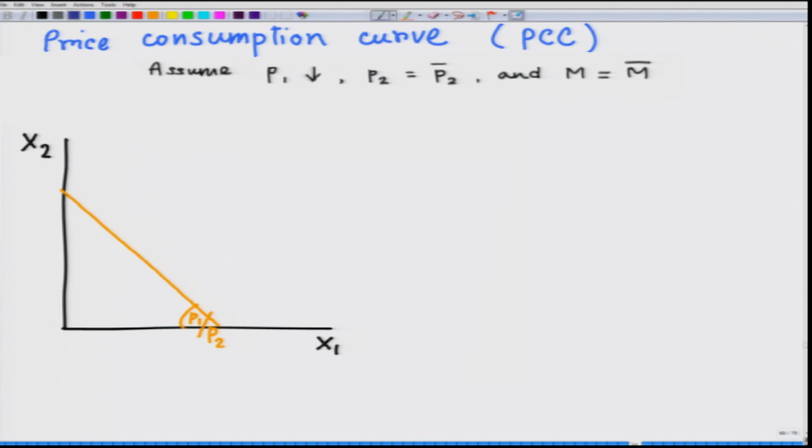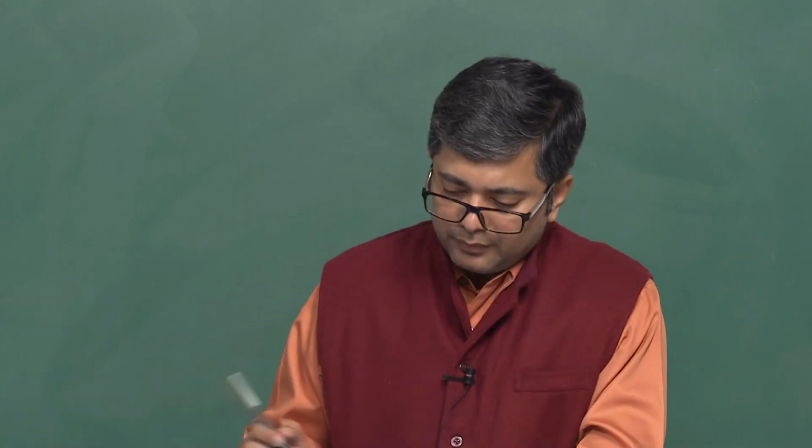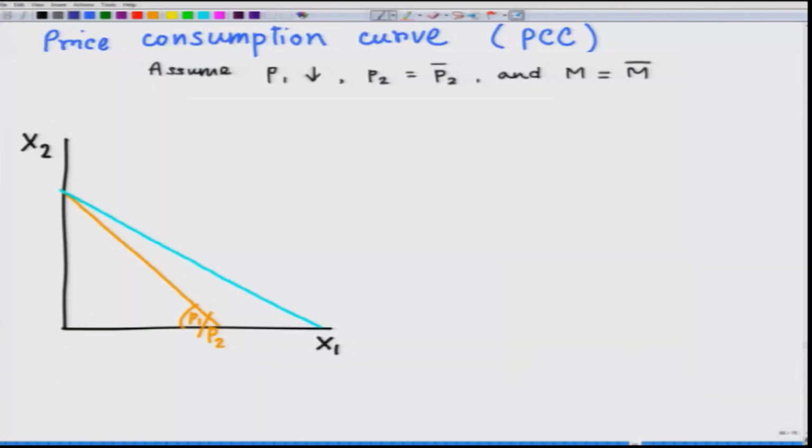The budget line will rotate from its intercept on the x2 axis and it will have a higher intercept on the x1 axis, because with a lower price of commodity 1 the consumer is permitted to purchase more units of commodity 1. Now, of course, we are going to superimpose the indifference map on this budget line diagram.